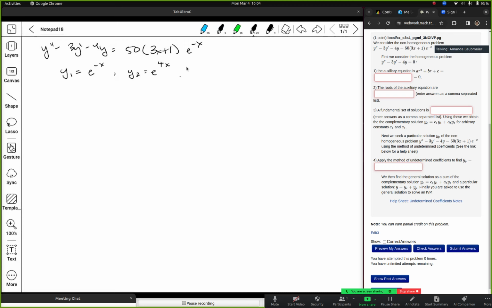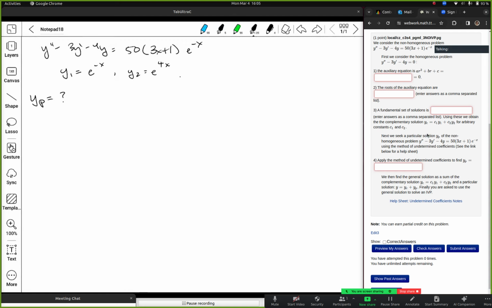So, we're jumping in at part 4, where we already have this fundamental set of solutions, y1 equals e to minus x, y2 equals e to 4x. And we're at the step of trying to find the particular solution, y sub p, that's going to solve the non-homogeneous problem.